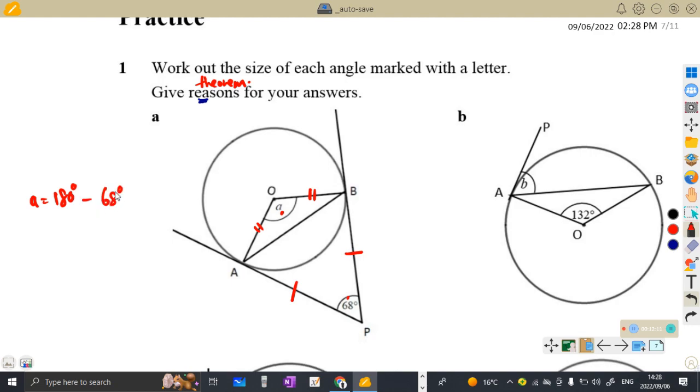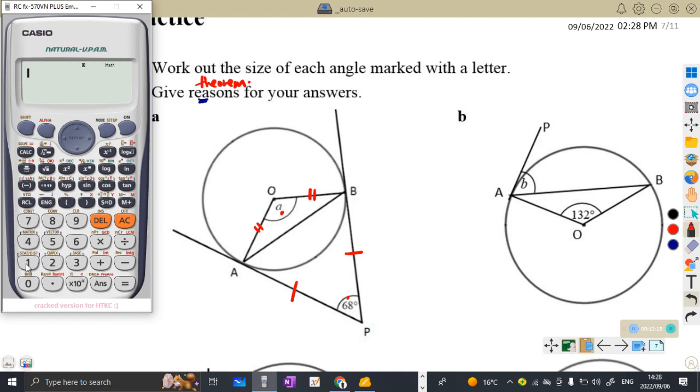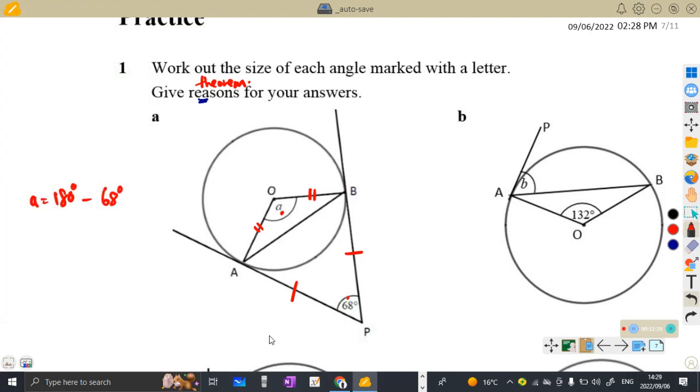All we need is to apply our concept properly so that we actually understand. So it's 180. Let's just see if it is going to give us the exact thing. Oh, where is my calculator now?